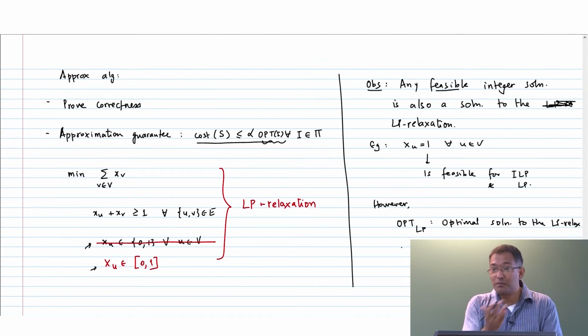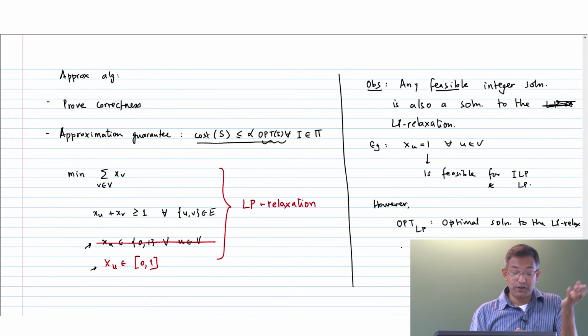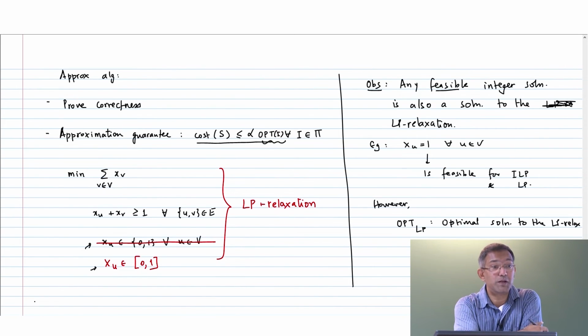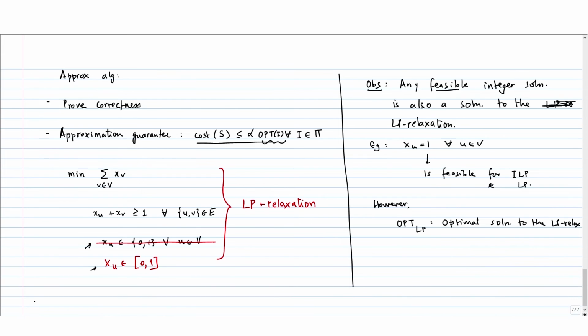So, what can you say about the relation between the optimal solution to this relaxed linear program and the integer program that you want to solve? It should be at most, right?